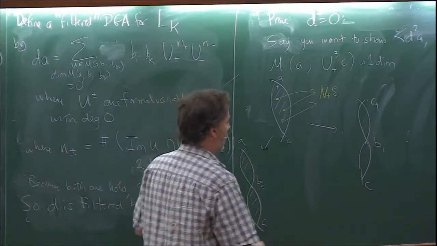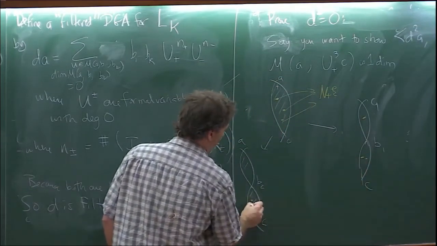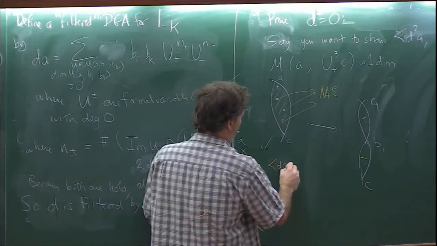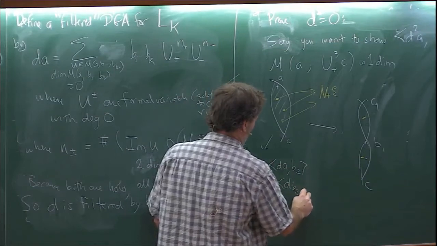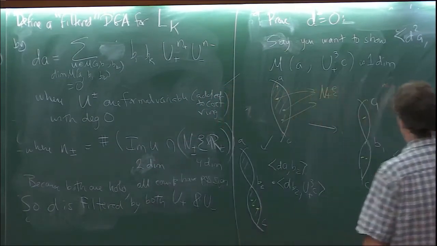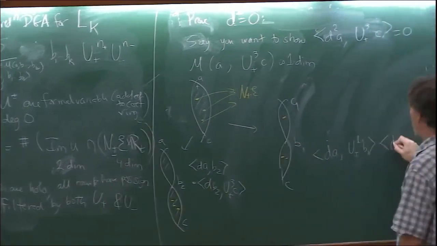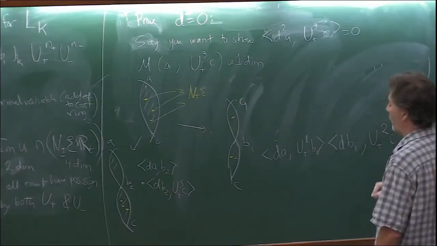Let's say that 1 point goes here and 2 points go here, and in this case, all 3 points go here. This would be an expression dAB2 times dB2 u plus cubed c. This would be an expression dAU plus 1 B1 times dB1 u plus 2 times c.